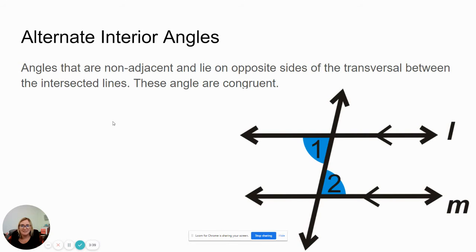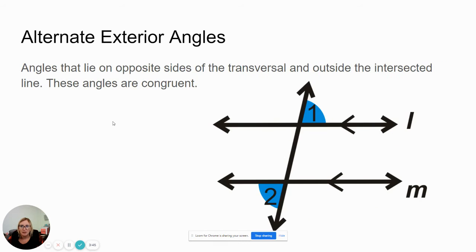Alternate interior, inside. Interior is a good thing for thinking inside of the parallel lines and opposite sides. And then exterior would be outside of the parallel lines and on opposite sides.